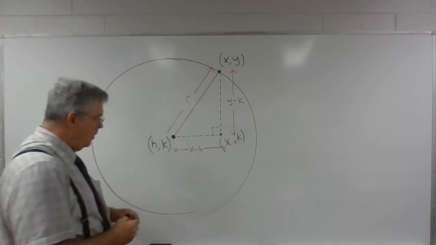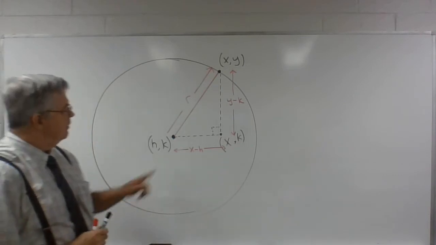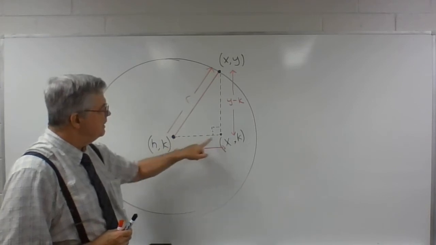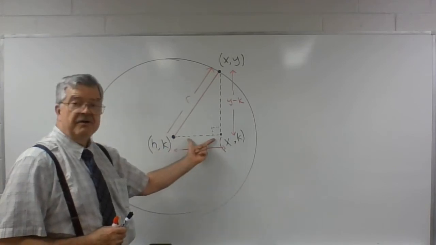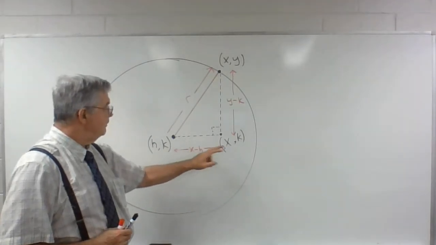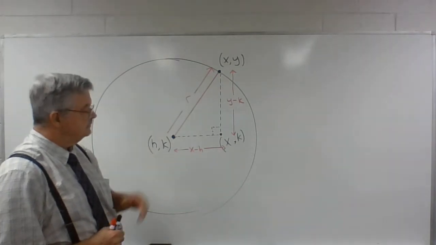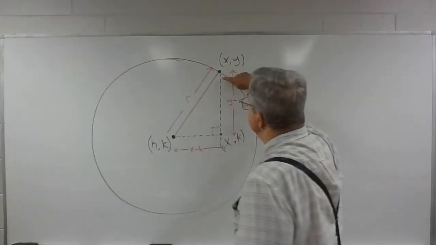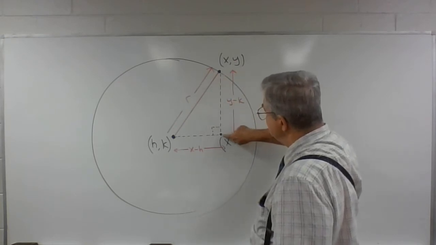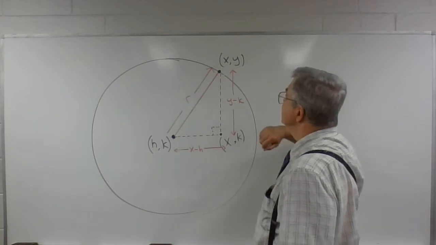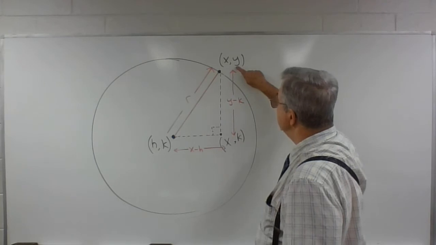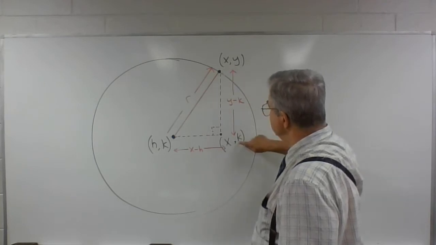And again, let me just go over how I did this. The length of this side is the distance between this point and this point. It's a horizontal distance, so it's just the difference of the x coordinates, x minus h. The length of this side is a vertical distance from this point to this point. So the length of this side, being a vertical distance, is the difference of the y coordinates, y minus k.